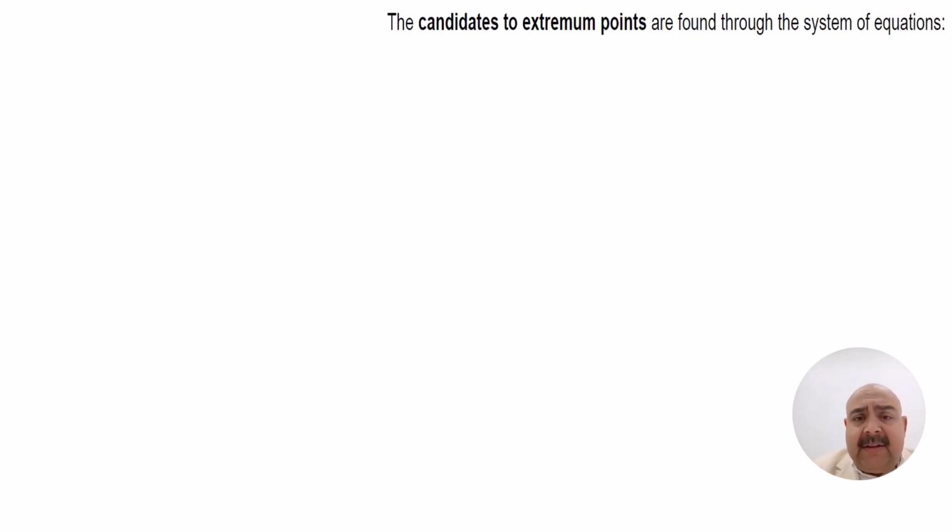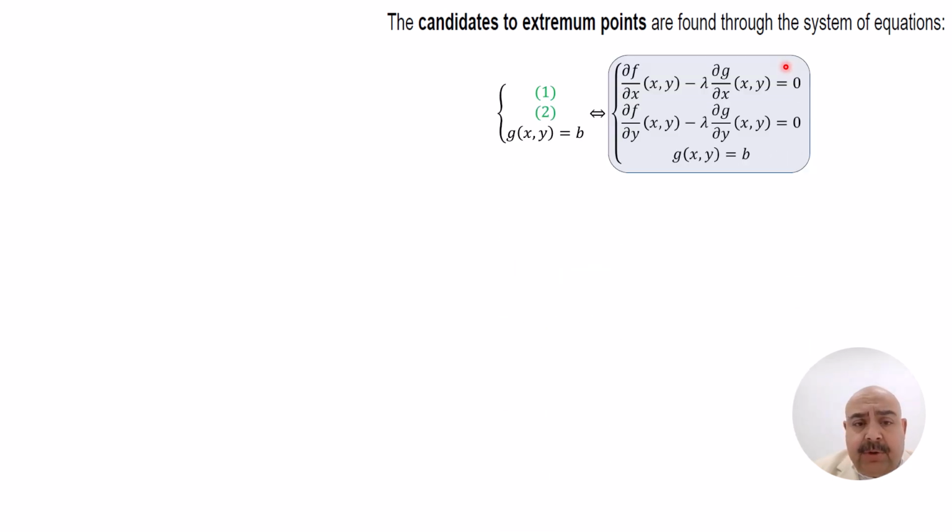Now, the candidates for extremum points are found through the system of equations that we already have. So the first step is to get our function, which is the Lagrangian function, and take the partial derivatives with respect to x, with respect to y, and with respect to lambda, which is going to be the constraint or the condition.